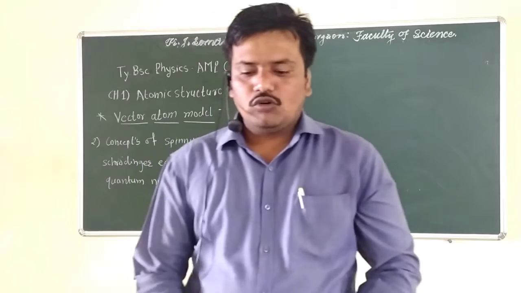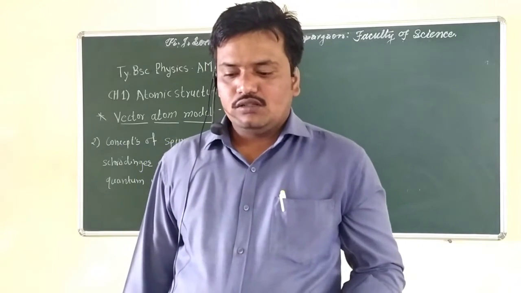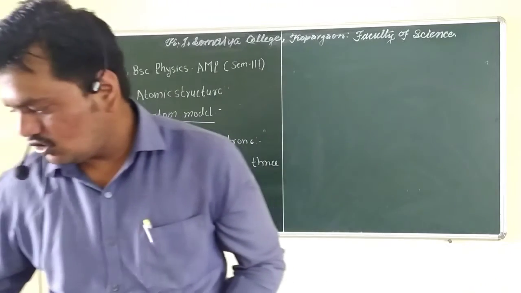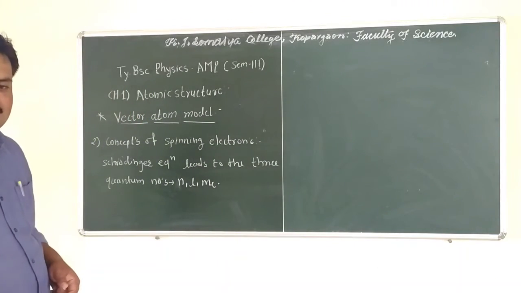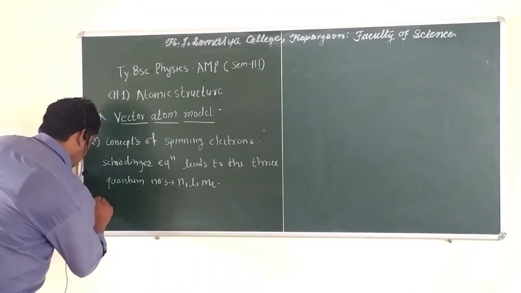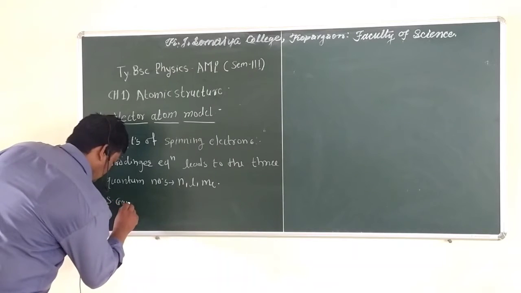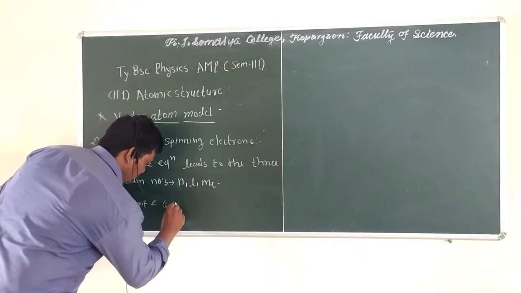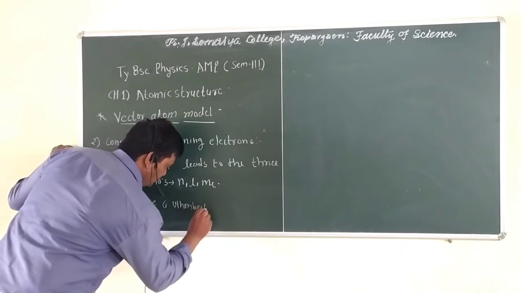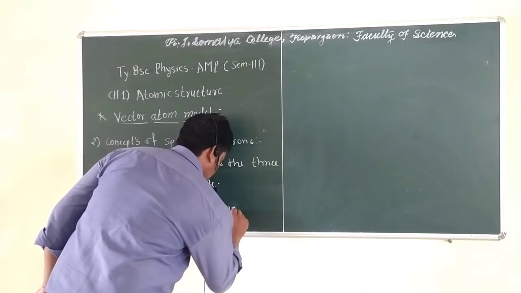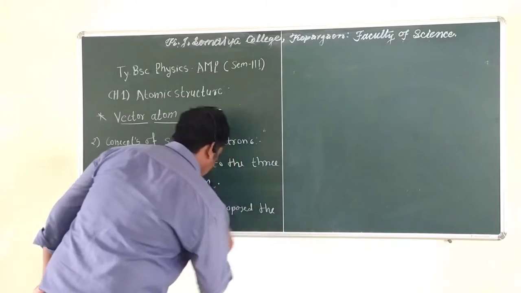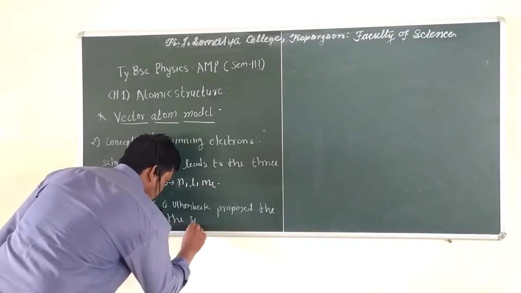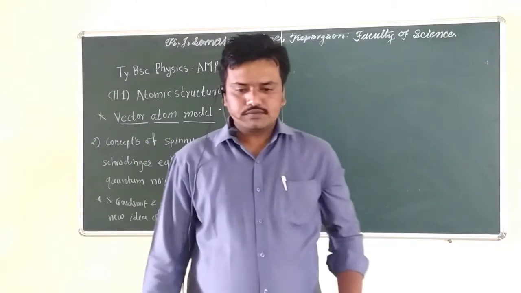So in order to solve this difficulty, S. Goudsmit and G. Uhlenbeck proposed the new concept of electron spin.